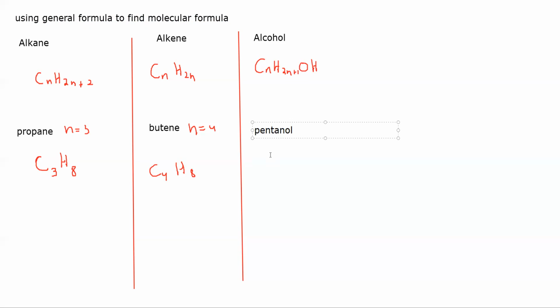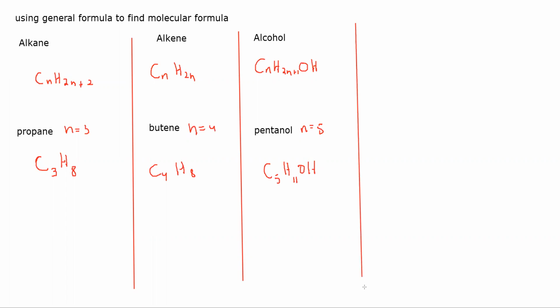Pent means 5 carbon. So we'll put n as 5. So this will be C5, 5 multiplied by 2, 10, plus 1. So C5H11OH. That's the formula for pentanol.